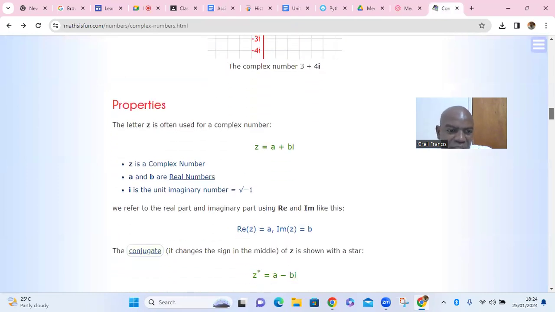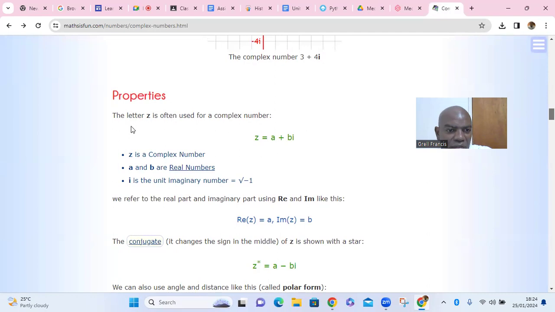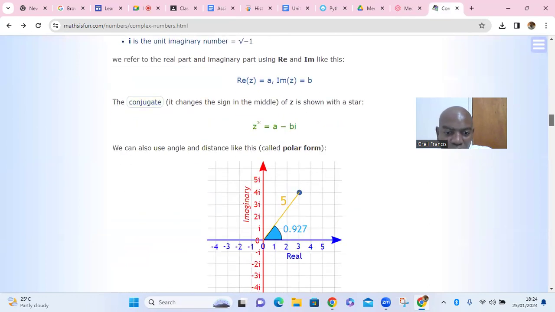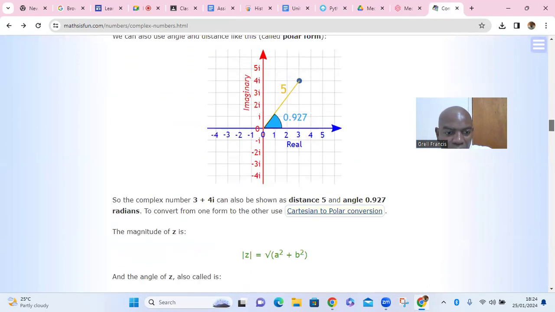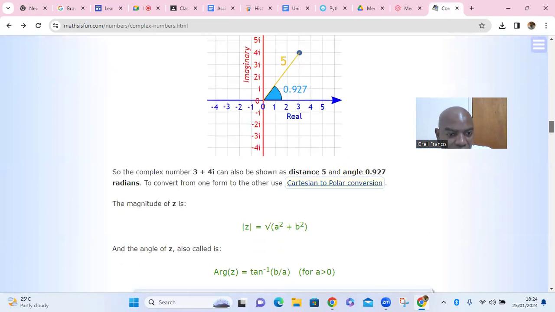And here you have properties. What it says, you can read. I don't want to go above the level of difficulty, above the limit of the course. It says the complex number 3 plus 4i can also be shown as a distance, 5, and an angle.